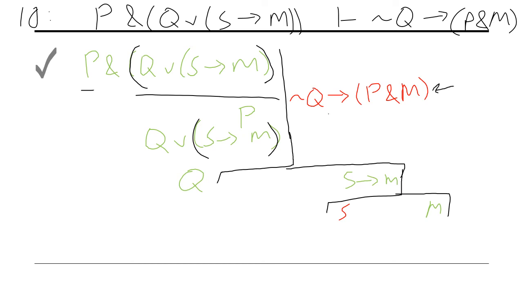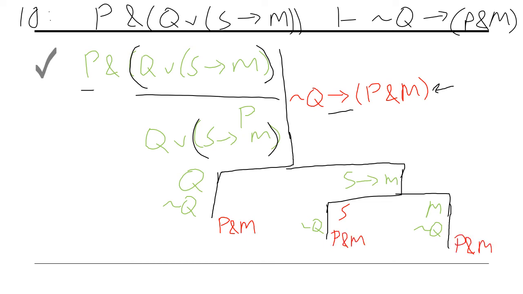Main operator here is our arrow. So arrow will go on the left hand side. Then our right hand side will go on the right hand side. Now I'm just gonna go ahead and flip this not Q across real quick.